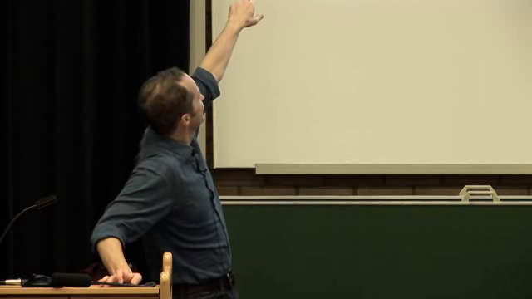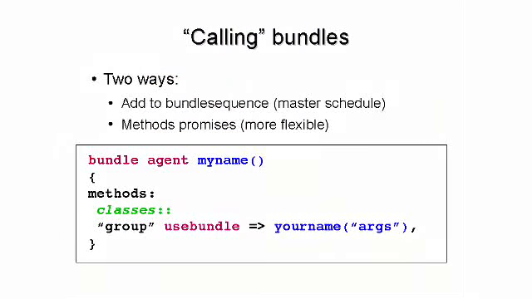And then, of course, it allows us to say in which class, in which environment, in which context that bundle will be executed. So let's say in the class Monday, we have one set of bundles we want to use. On Tuesday, we have a different set of bundles. Or on Linux, one set of bundles.